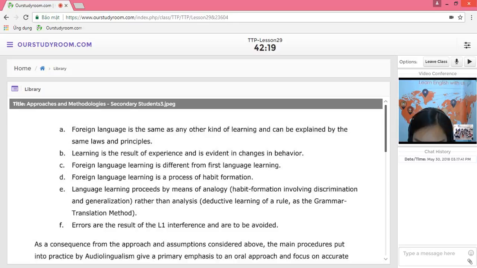Communicative approach. The term communicative in relation to language teaching denotes a concern with the semantic aspect of language.